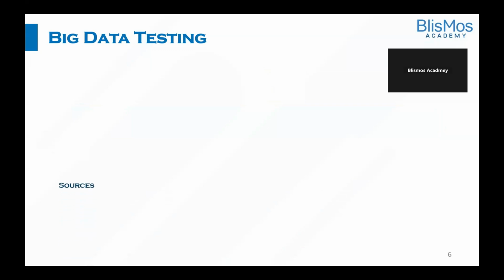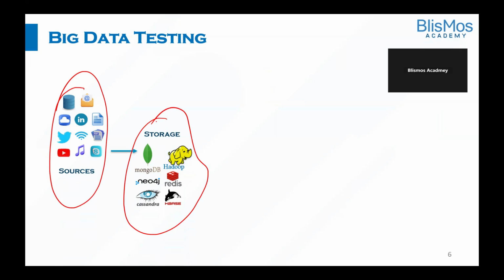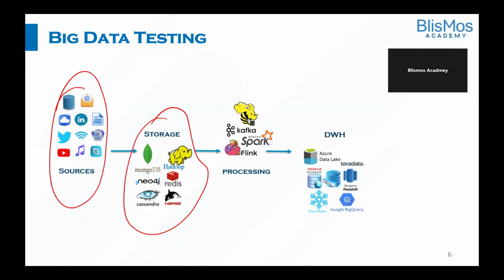So when we talk about the big data processing pipelines, we have data from multiple sources that will be moved to the big data storage like Hadoop, MongoDB, Cassandra, even cloud systems like Redis. And then that data would be subjected to processing through big data processing tools like Spark, Kafka, Flink. And then that will be stored in different data warehouses.